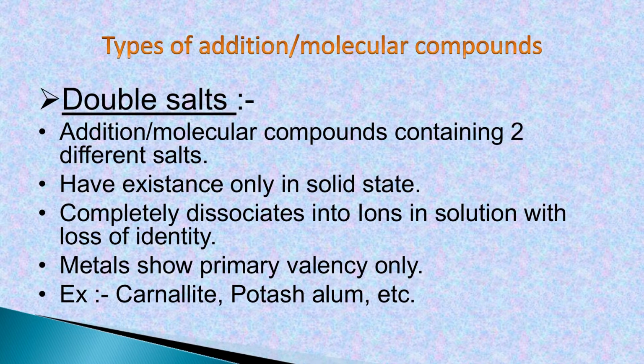When you put it in water, the individual salts dissociate into their own ions, and the double salt loses its identity, अपना पहचान खो देता है, अपनी properties खो देता है. Each salt splits into its own ions, and the ions start showing their own properties. Like Mohr salt, carnallite, potash alum, they are all well-known double salts.